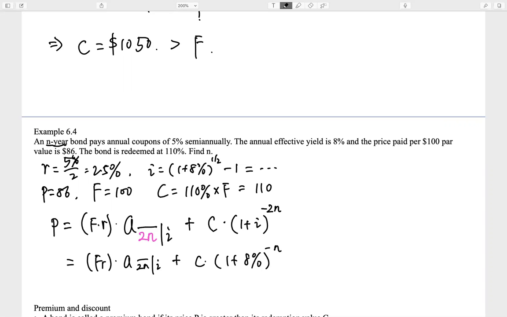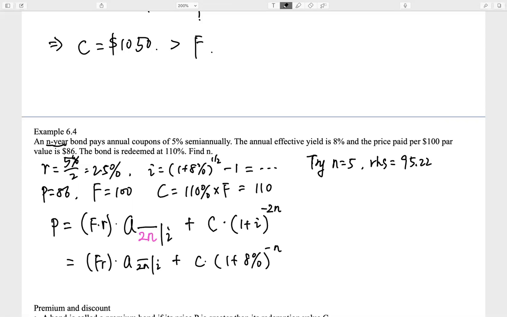Calculating this is a little challenging because it's non-linear. So what you can do is test, right? Let's try n equals 5, okay? And then we do the right-hand side. Right-hand side, it's more than that.